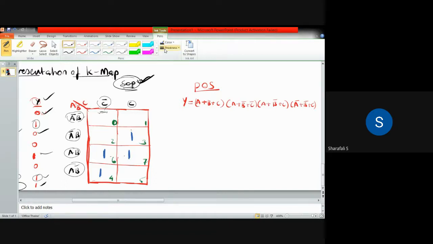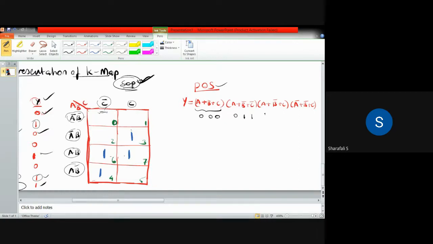And if you calculate the values corresponding to these terms in POS, A means 0. So this is 0 plus 0 plus 0, or when you are considering the equations, you can write it as 0 0 0. This one is 0, B bar is 1. If it is barred, then it is 1. So C bar is 1.